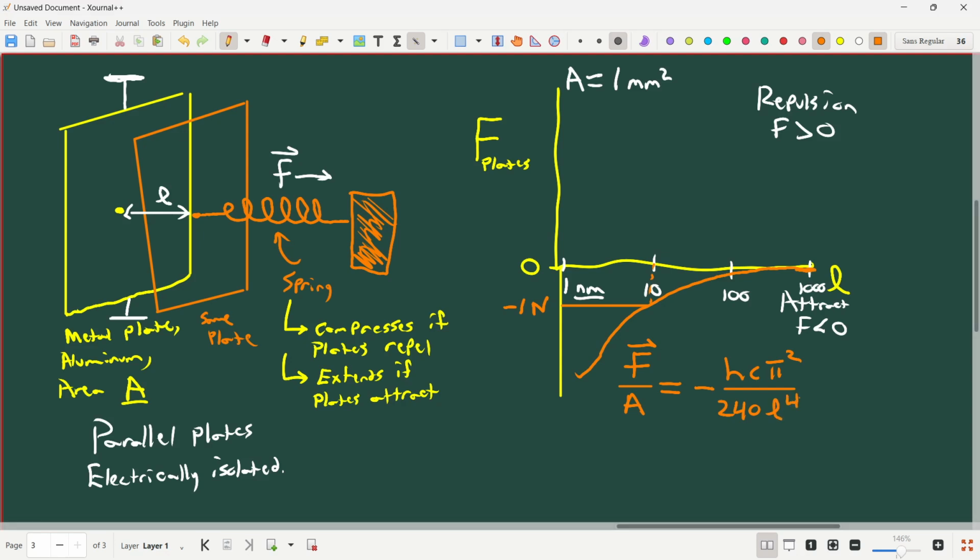This was predicted 40 years ago, that if you take two plates together, they attract each other as 1 over the length to the 4th power. And that's exactly what you see, perfectly to 1 part in 1,000, or however precisely they measure it. It's a perfect agreement.